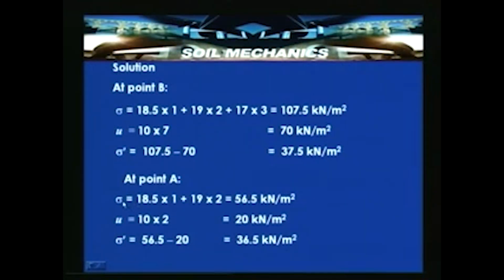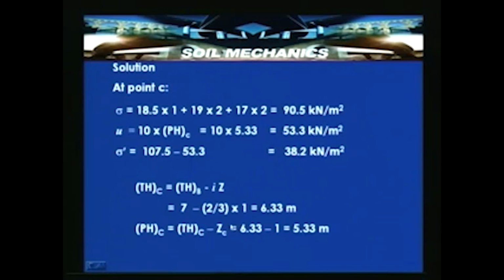Similarly, at point A, we get sigma, u and sigma dash. So, they work out like this. Now, let us consider point C, which is 1 meter above the datum. Sigma is equal to 18.5 into 1 plus 19 into 2 plus 17 into 2, which is around 90.5.